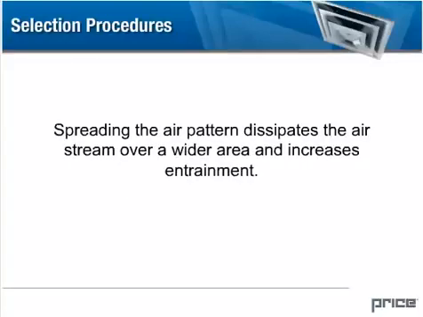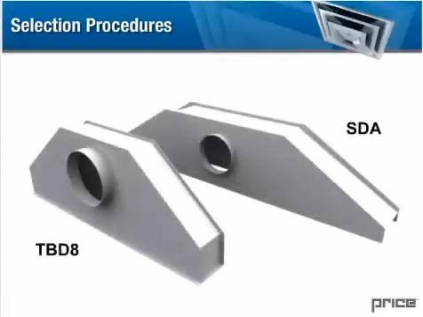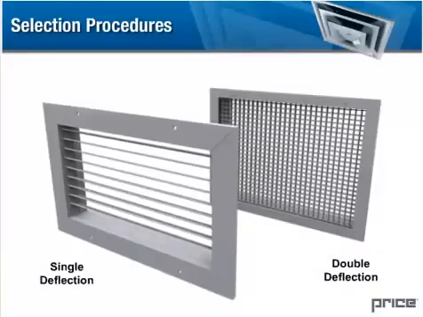Spreading the air pattern dissipates the airstream over a wider area and increases entrainment. This reduces the mass flow per unit surface area, which in turn reduces throw. Some outlets, such as the SDA and the TBD8, are designed to produce a spread pattern due to their geometry. Others, such as the double deflection and single deflection series grills, have adjustable vanes.